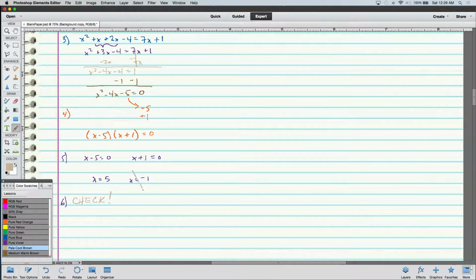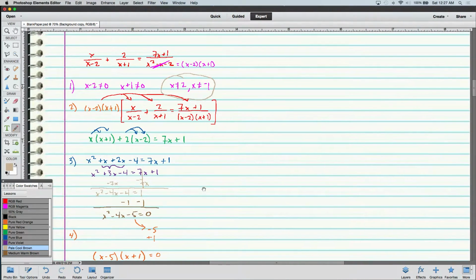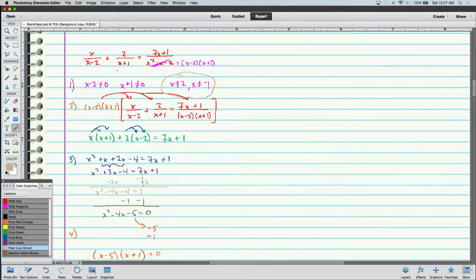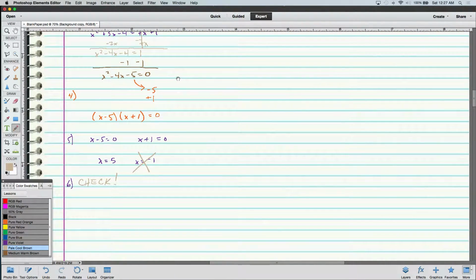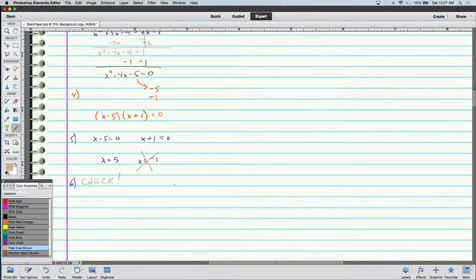So we know that this cannot work, because if we put in this -1 right here, this denominator becomes 0, and therefore it is undefined. So even though we got two answers, there's actually only one correct answer, and that is 5.